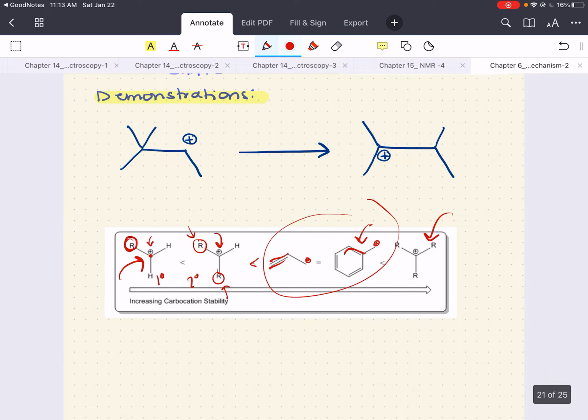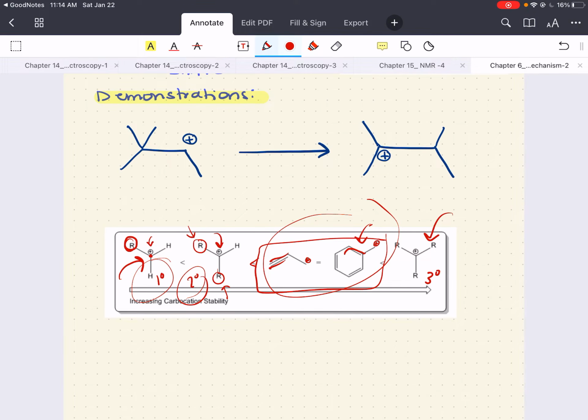So here's the trend. Your tertiary carbocation, a carbon with a positive charge and three variable groups that aren't hydrogens, is the most stable form of your carbocation. Then you have your secondary carbocation.